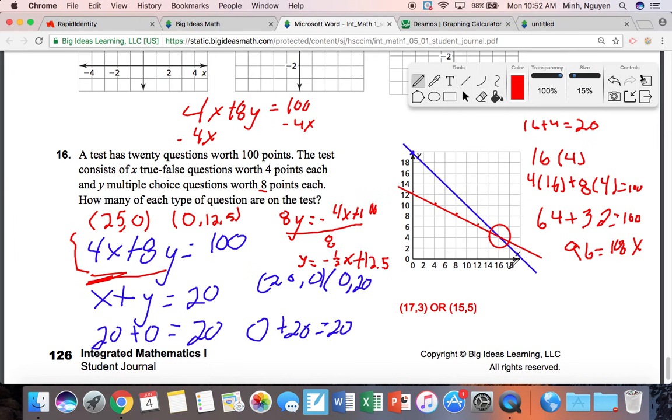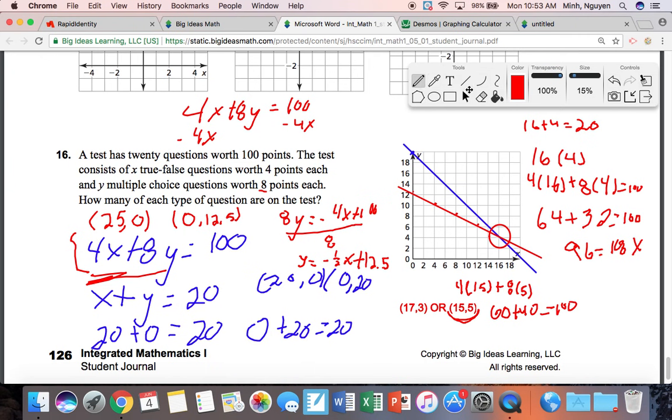So 4 times 15 is 60, plus 8 times 5, and this one looks like our winner. 60 plus 40. Yep. So the answer is 15 true-false and 5 multiple choice.